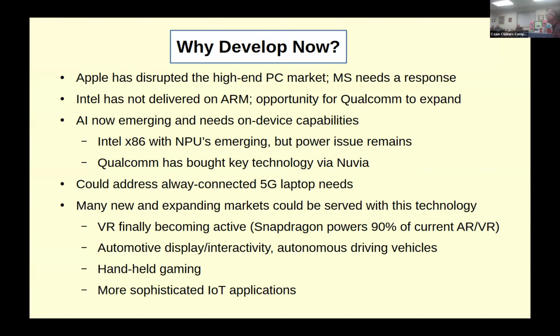Handheld gaming, the kids want things smaller, they want to put in their pocket and have the power of a theater. And other IoT things, which are now getting more sophisticated. So they think there's a reason to do this. They've had to invest a lot of money and a lot of people, and so they think it's worth it. And they think they're positioned well.